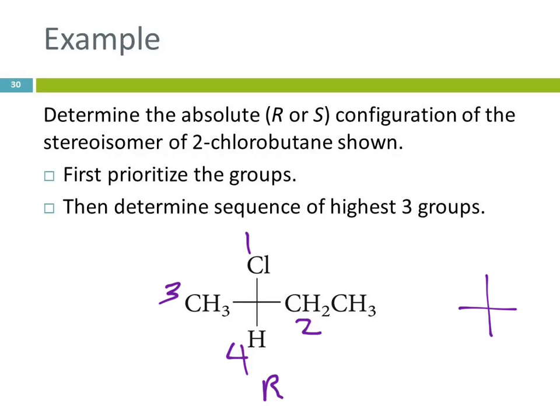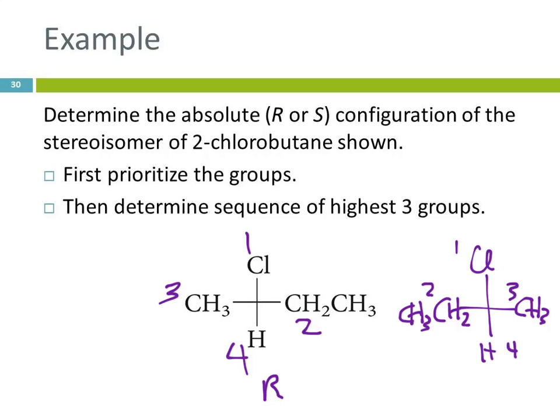If I draw the mirror image of that by swapping two of the groups, again, this is 1, 2, 3, and 4.